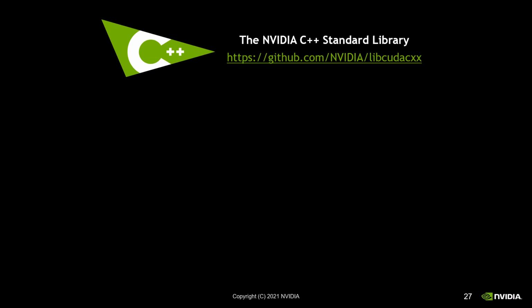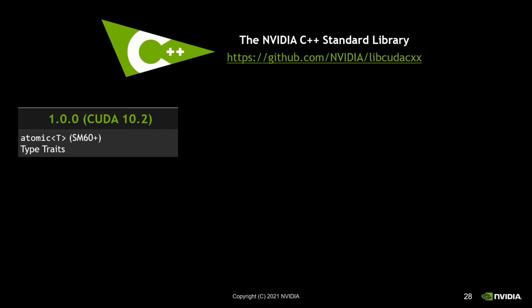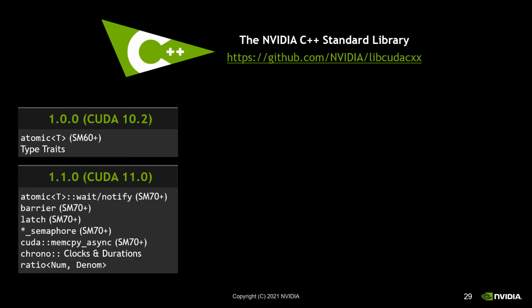Now, let's dive into the contents and roadmap of the NVIDIA C++ standard library. Our first release in 2019 introduced heterogeneous atomics and type traits. The 1.1 release introduced a number of scalable standard C++ concurrency primitives: atomics wait and notify API, barriers, latches, and semaphores.